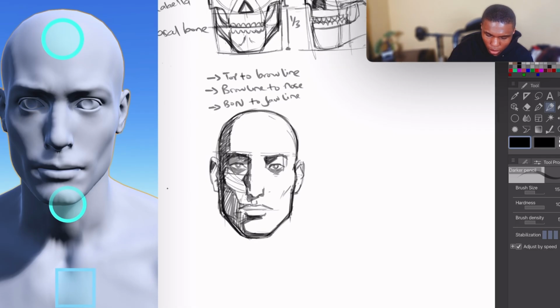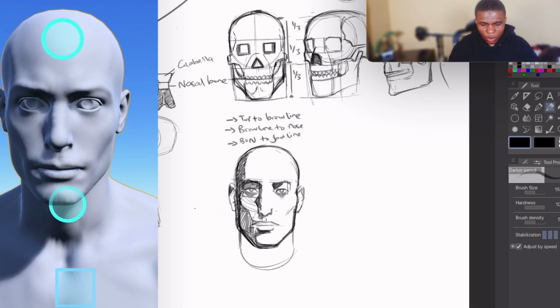You're not going to just learn this in a day, and you're not just going to be at level 100 with this in a day. You have to keep doing this over and over again.